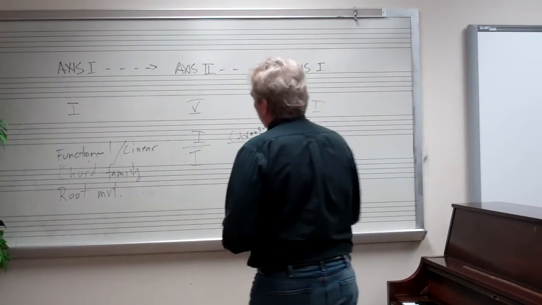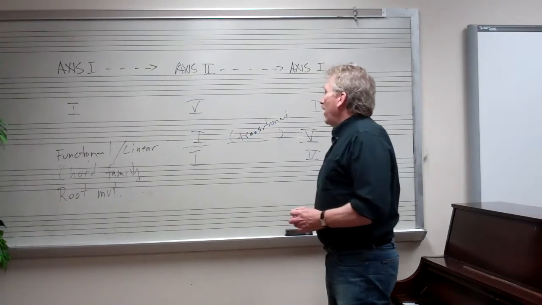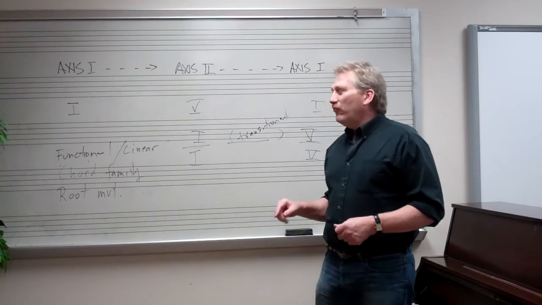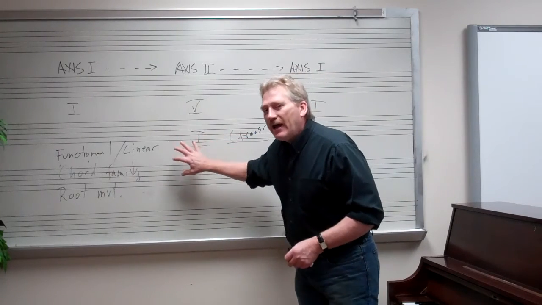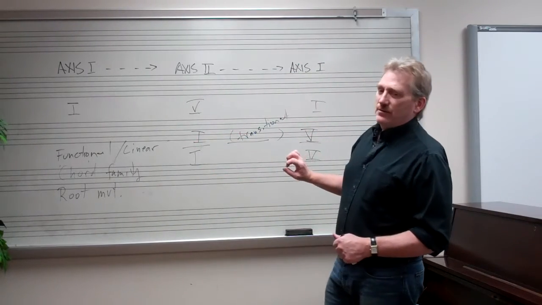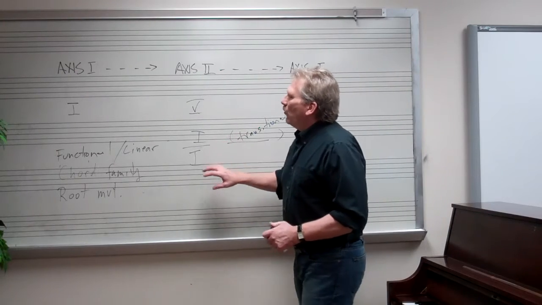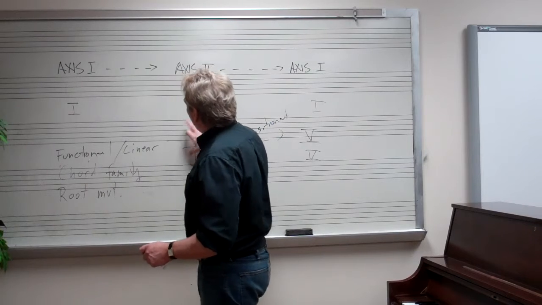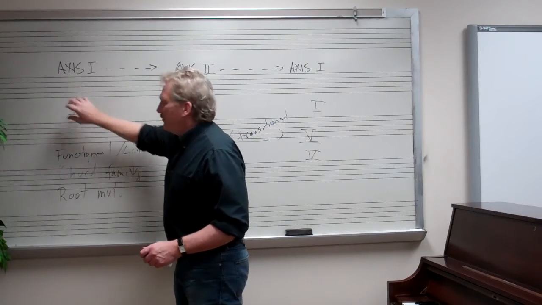Now, in addition to that, we can have chords that express essentially that family, that axis, but are not the same chord. When we have a member of the family there, we remain at this axis.